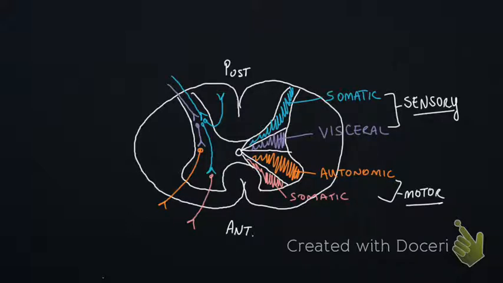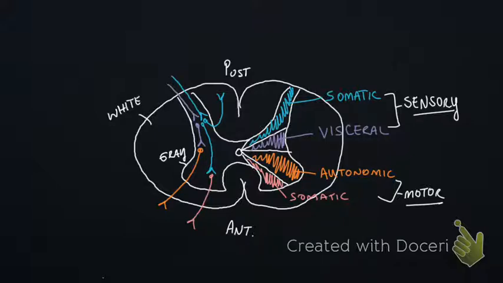This is the gray matter and this is the white matter. And remember, the difference is white matter has myelinated axons, whereas the gray matter is more or less the collection of cell bodies, mostly cell bodies and neurons, interneurons that are unmyelinated.